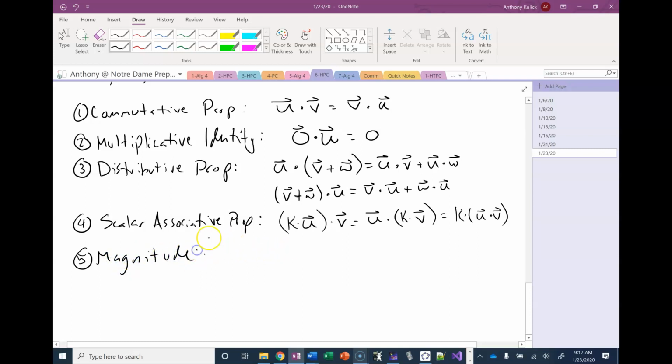And the last one is the magnitude property. What this says is if I take the dot product of a vector with itself, it gives me the magnitude of that vector squared.